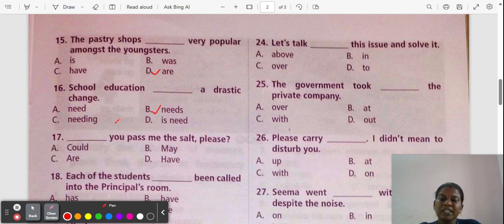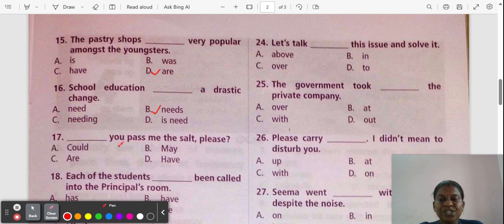Then question number 17, dash you pass me the salt please? Here we have to request, please pass the salt. So for the requisition, second person, you is a second person singular.